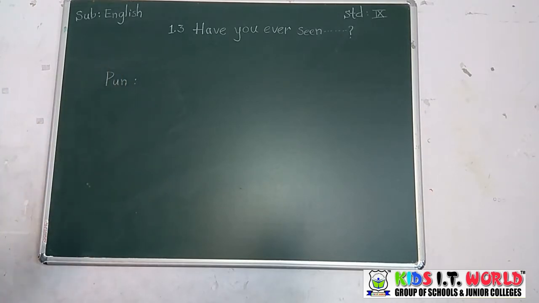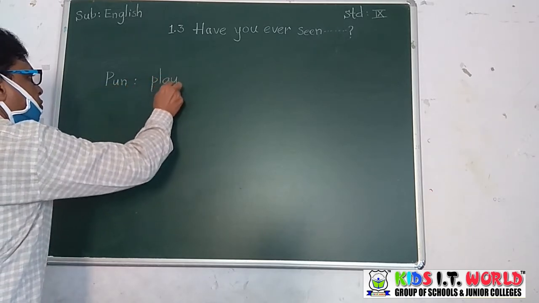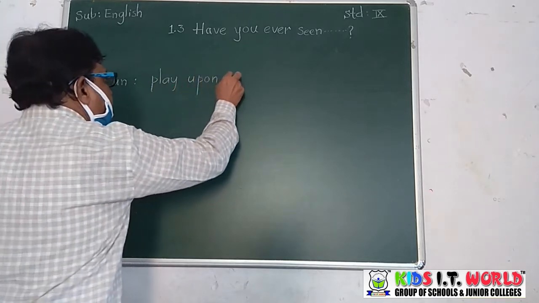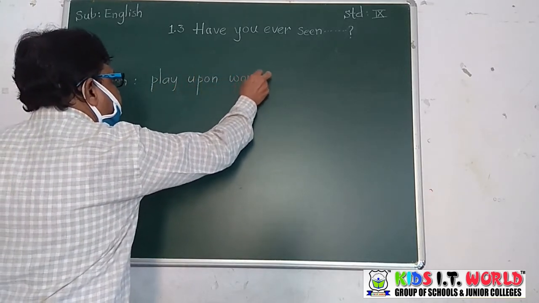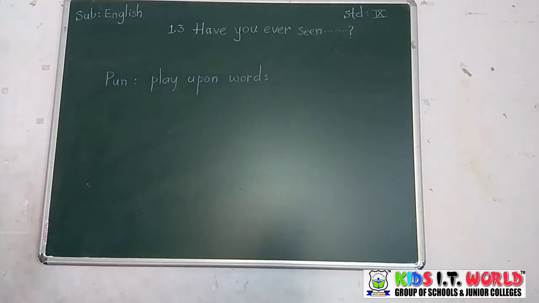Pun means play upon words. And what is play upon words? When the same word gives two meanings at the same time, then that kind of use of word is called pun.